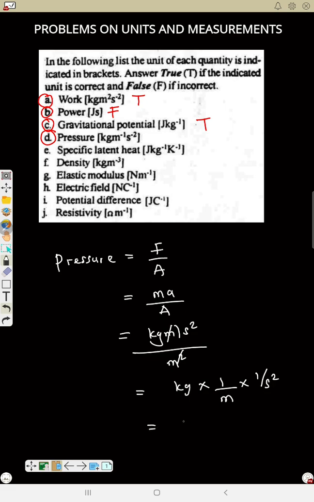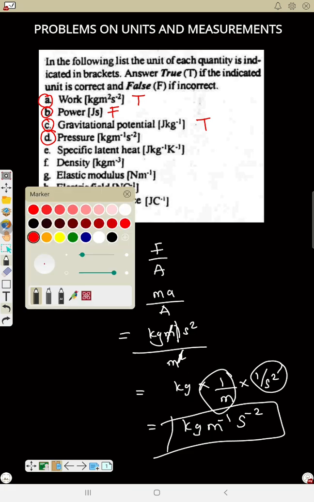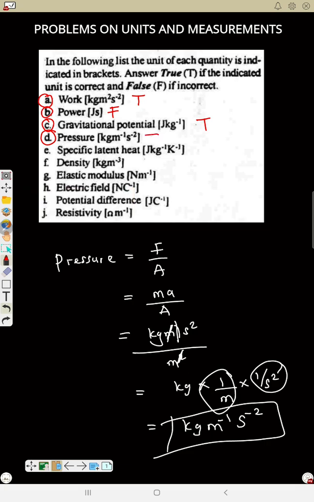So that means this will be kilogram m raised to power minus 1 s raised to power minus 2, because if one m goes here and one is here, it will be 1 over m. So we have kilogram m raised to power minus 1 s raised to power minus 2. So it's also true. The statement is true, it tallies with this.